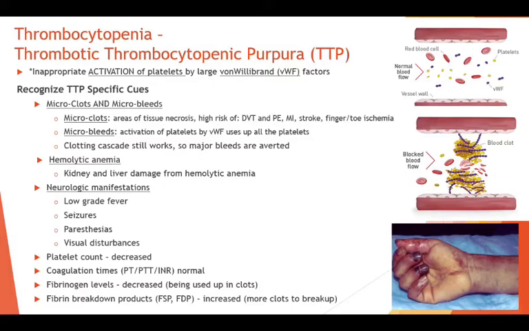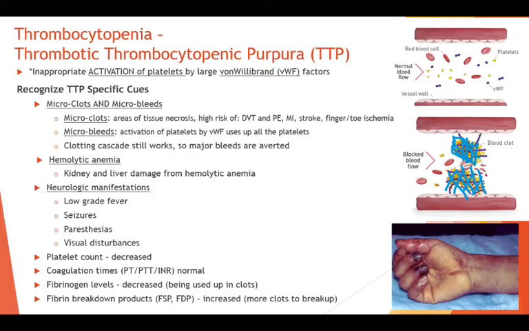And thrombotic thrombocytopenic purpura has a decreased platelet count. Again, the coag times are normal, but your fibrinogen levels and your fibrin breakdown products are higher because there's a lot more clotting happening here, because now not only are the platelets being activated, but now the clotting cascade is putting fibrin mesh on top of all of these as well, and creating a lot bigger clots that then need to be broken up.